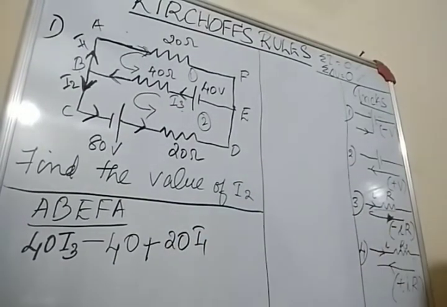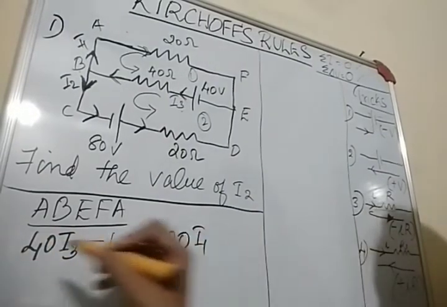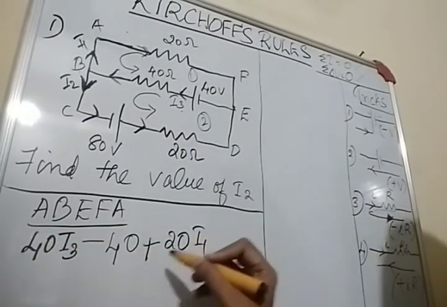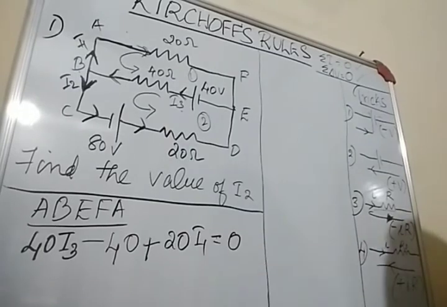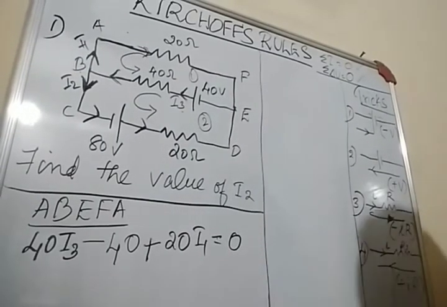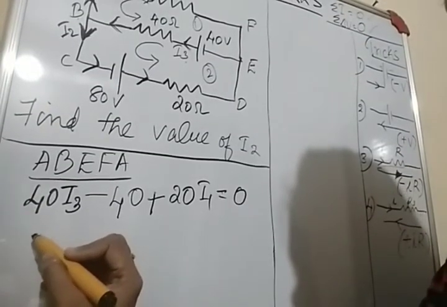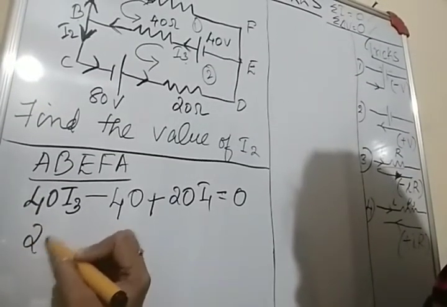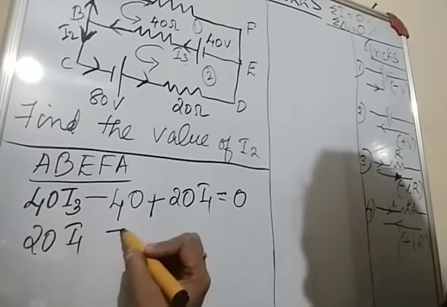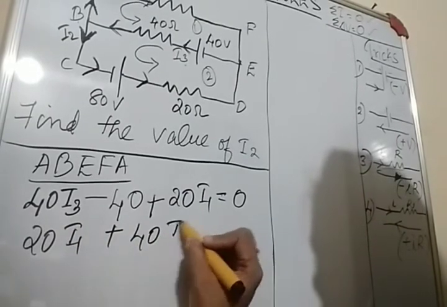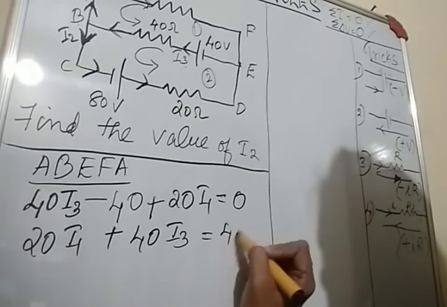And as per Kirchhoff's loop rule, the algebraic sum of the potential changes through the closed loop 1 is equal to 0. We can rearrange this expression like this. It can be written as 20 I1 plus 40 I3 equal to 40.